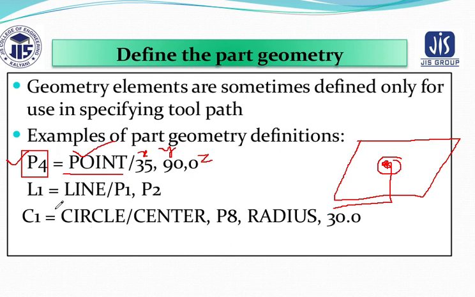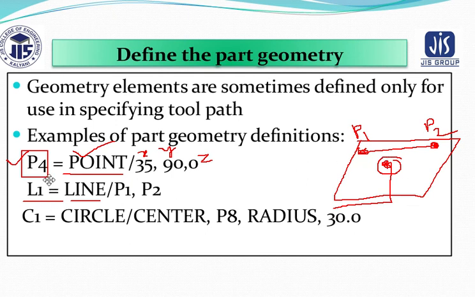Now if I talk about defining the line, that is LINE. If this is one point P1, and this is the point P2, the line has been drawn between P1 and P2.